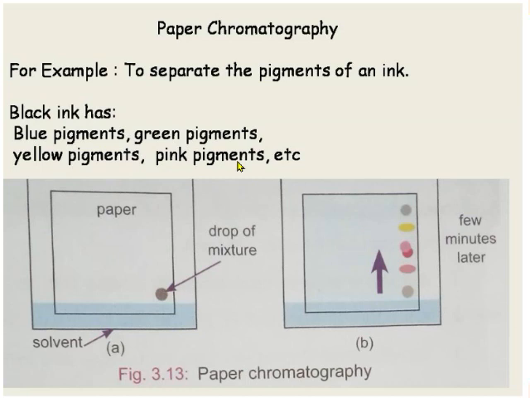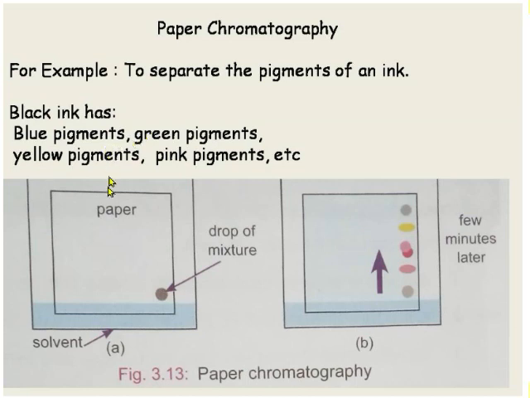Pigments are the particles responsible for a color. The particles which are responsible for green color will be called green pigments. The particles which are responsible for blue color will be called blue pigments, and similar other pigments are present in the black ink. We have to separate these pigments.